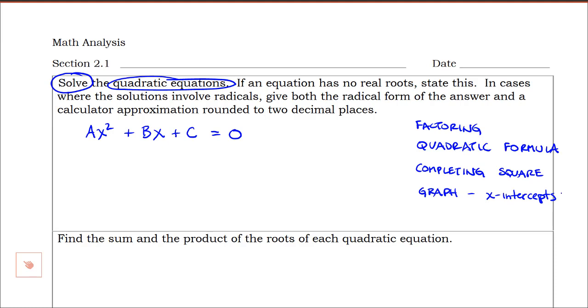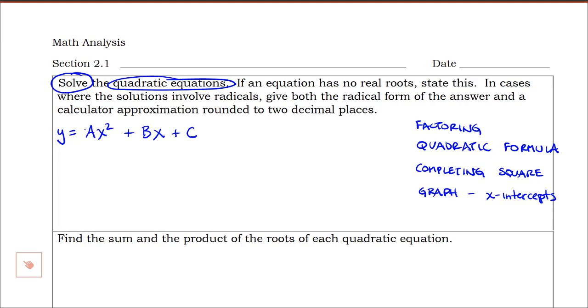Because I can change this from a quadratic equation to a quadratic function, right? Again, a slight difference. All these words, formula, equation, function, but they all mean something different, don't they?